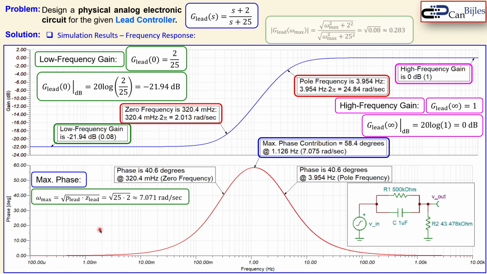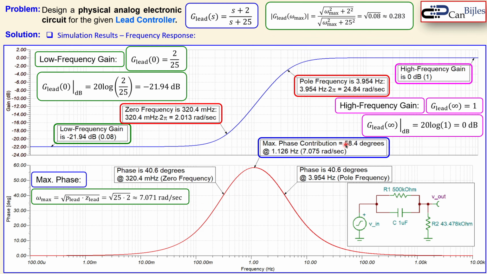Now, moving on, we would like to know what the maximum phase contribution is. This number, 58.4 degrees, I also want to verify. You get the value of the gain here in the blue line using this formula. You take the absolute value of the given transfer function, substitute omega max there, and use the lengths of the numerator and denominator, which is familiar from complex numbers.